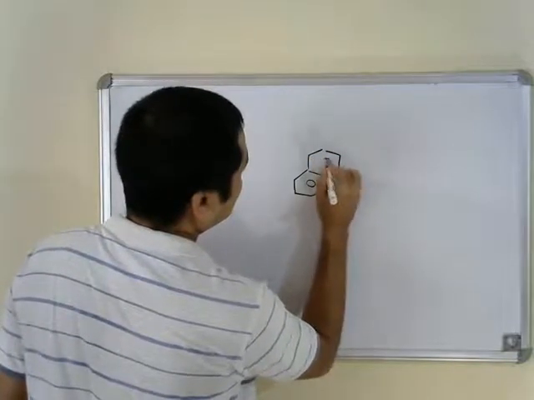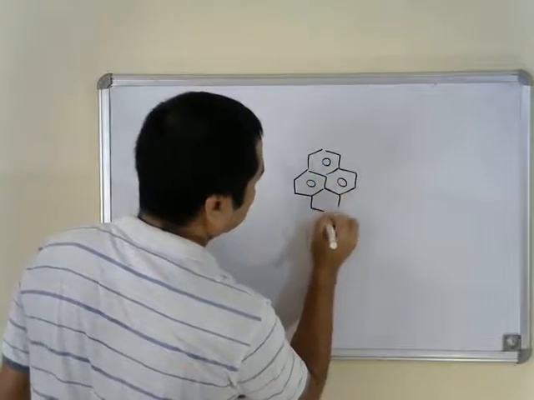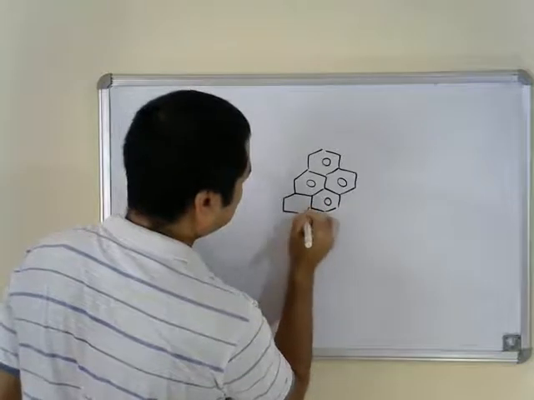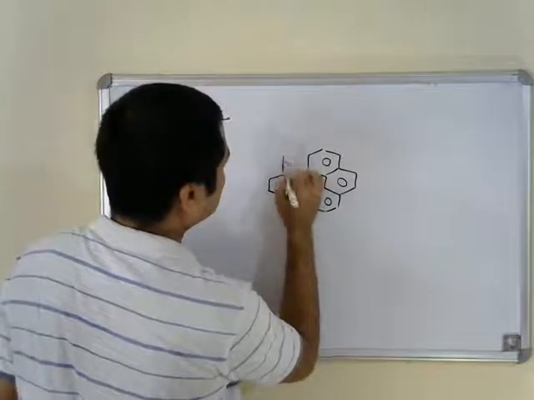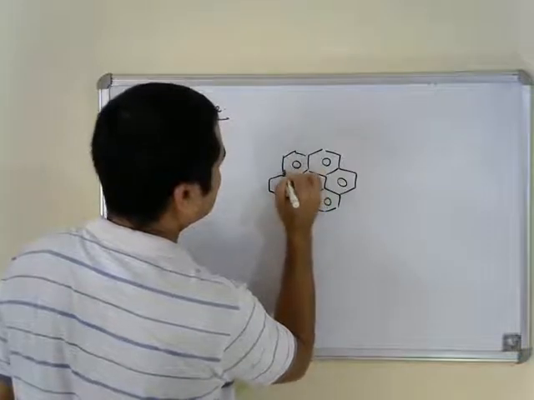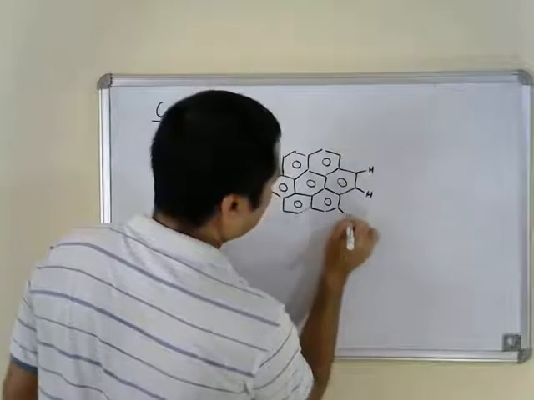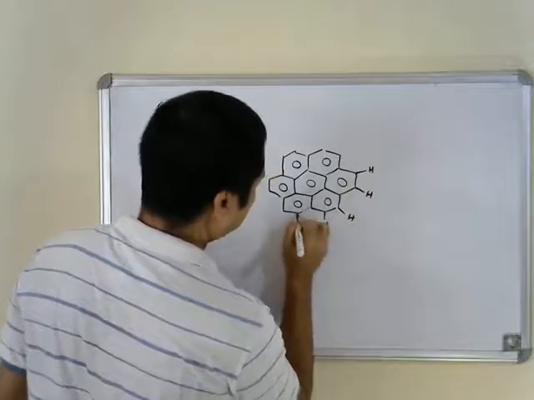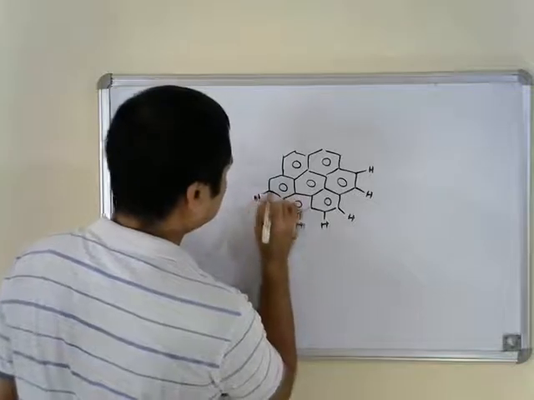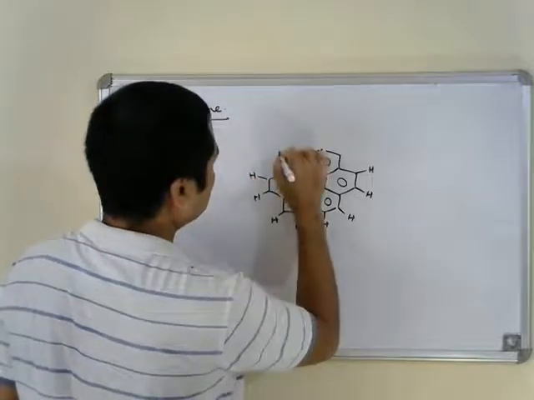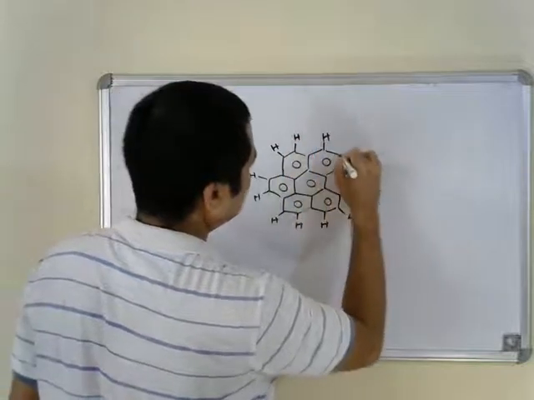There are 7 fused benzene rings in this molecule. And you can also write the hydrogen atoms so that there is no confusion about the structure of this compound.